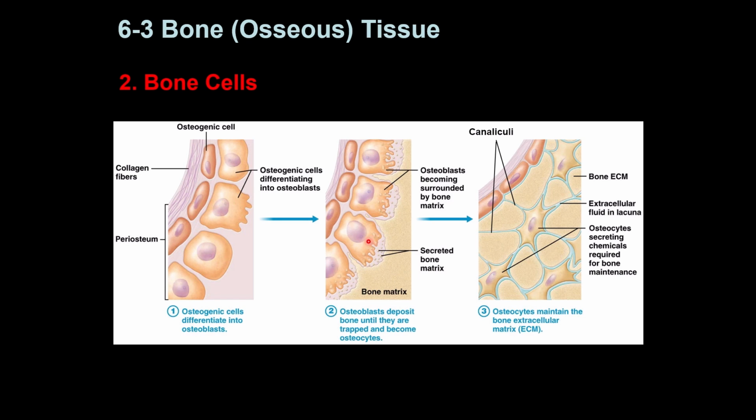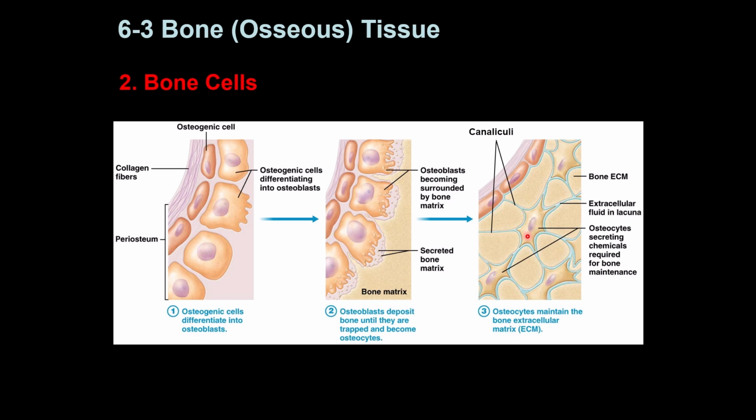Once this is secreted, it becomes calcified, so it becomes harder. Once it becomes harder, it traps the osteoblasts and they become osteocytes. So an osteocyte is a mature bone cell. The function of the osteocyte is to maintain the bone. The osteoblast's function is to make osteoid, or bone matrix.